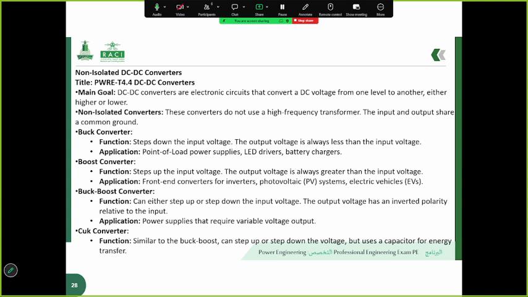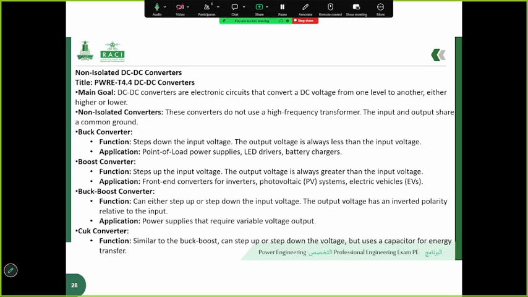The buck-boost converter combines the functions of both the buck and boost converters, enabling it to either step up or step down the input voltage. A key characteristic is that its output polarity is inverted with respect to the input.